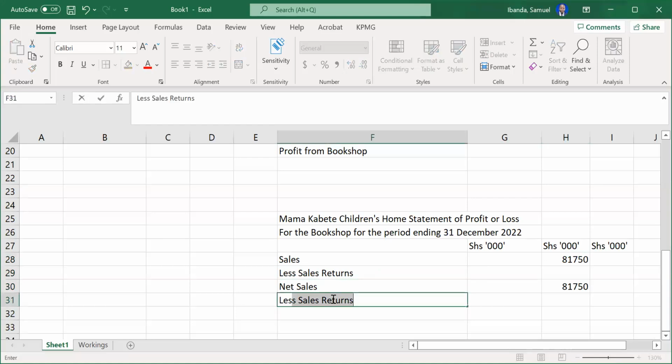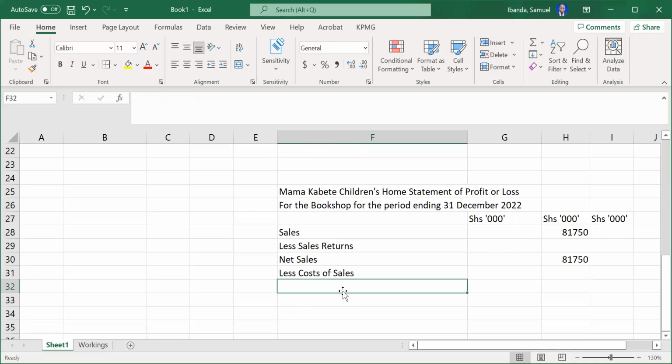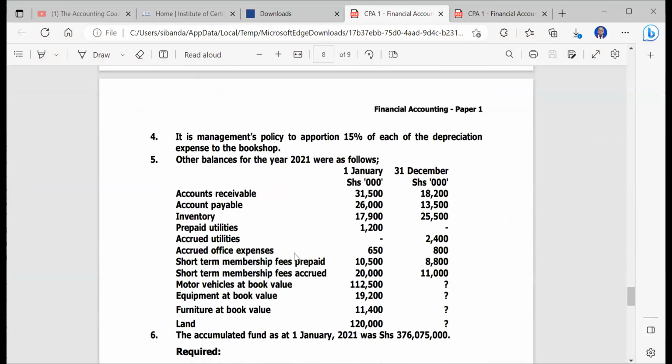Now we move to less cost of sales. The same thing we do with private businesses. For cost of sales, we start with opening inventory. We come to our question. They gave us balances. They told us that opening inventory as at 1st January is 17,900.